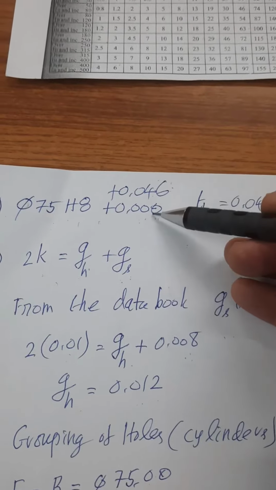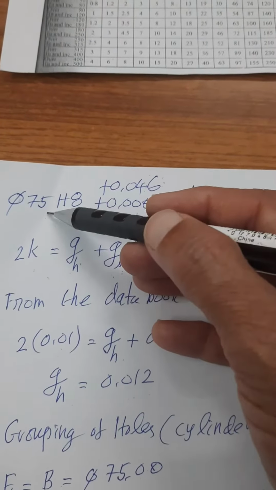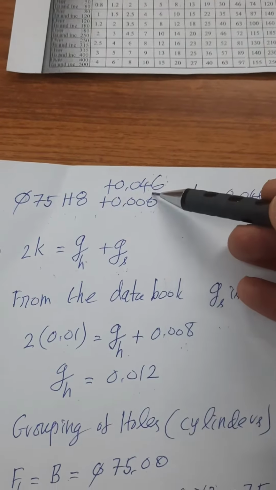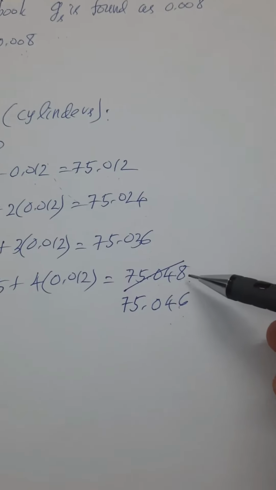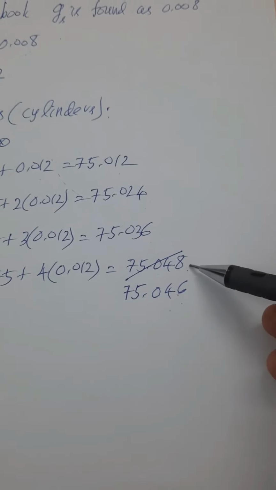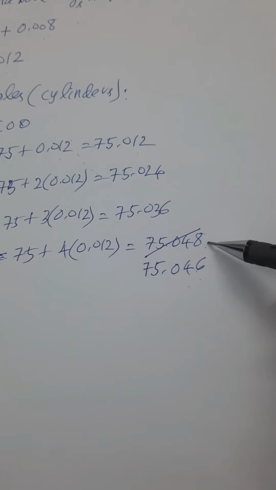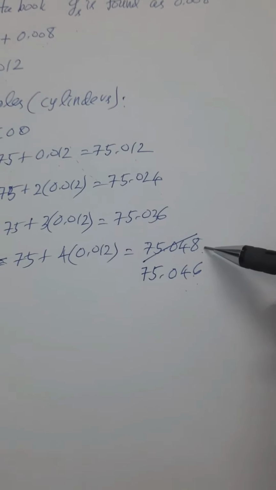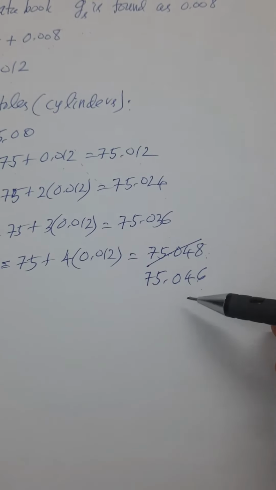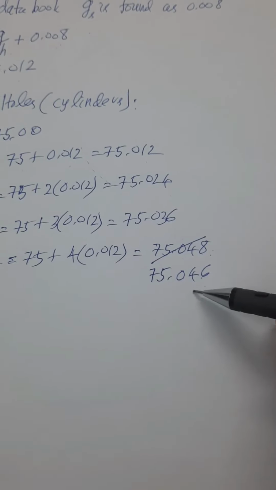In that case, we cannot have any cylinder bigger than 75.046. Even though you are getting a size of 75.048 by formula, we cannot have any cylinder bigger than 75.046. So this is truncated to 75.046.